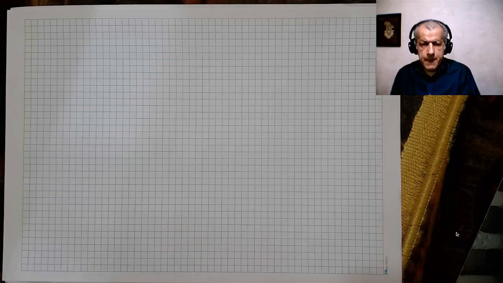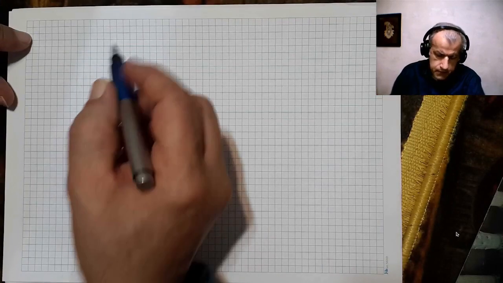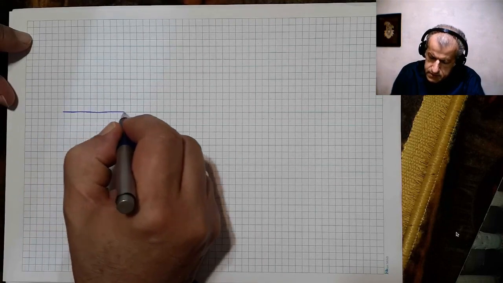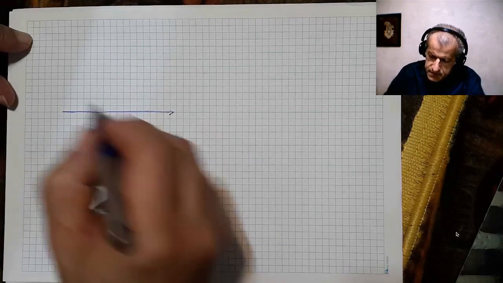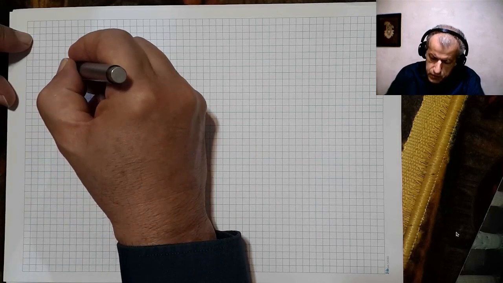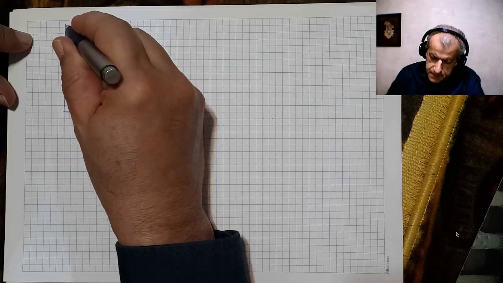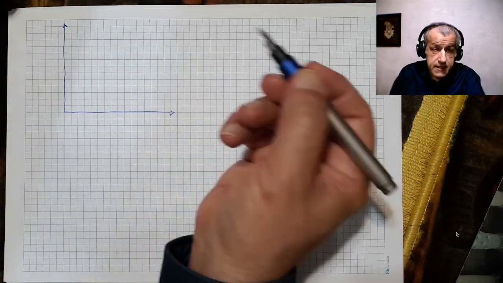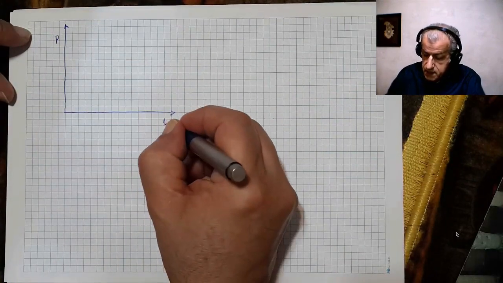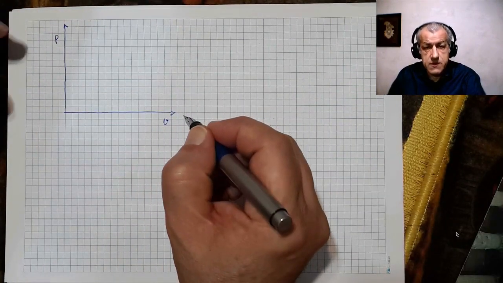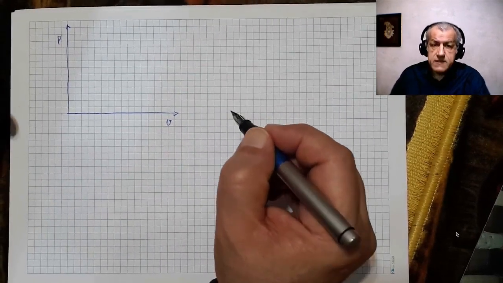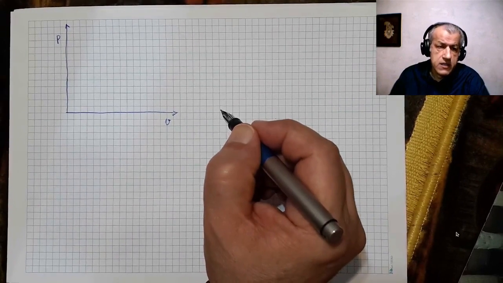Now, a dual cycle basically consists of the following processes. If this is the PV diagram, please note that we have moved to a PV diagram since it's a cylinder piston arrangement, and a PV diagram fits much better and represents the processes of a cylinder piston arrangement much better.